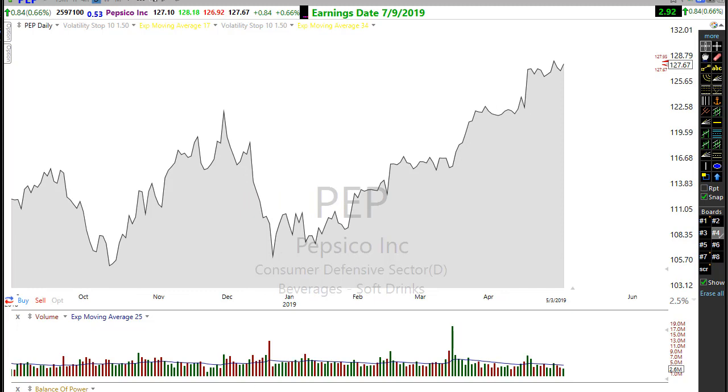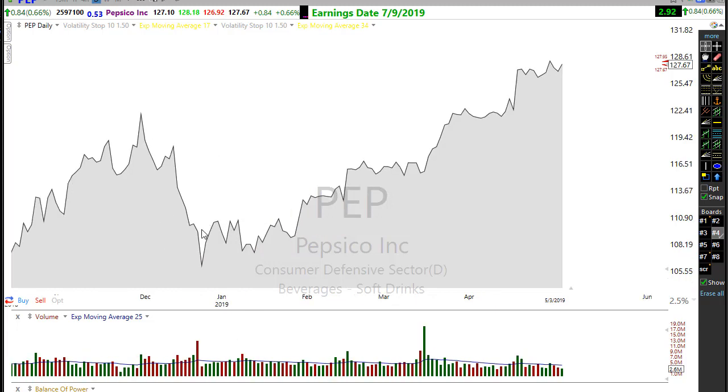Can you see the wedge right in here? Right here. And those rising lows. Just taking a quick look at an area chart, or having it as part of your charts, can sometimes help you see those big patterns.